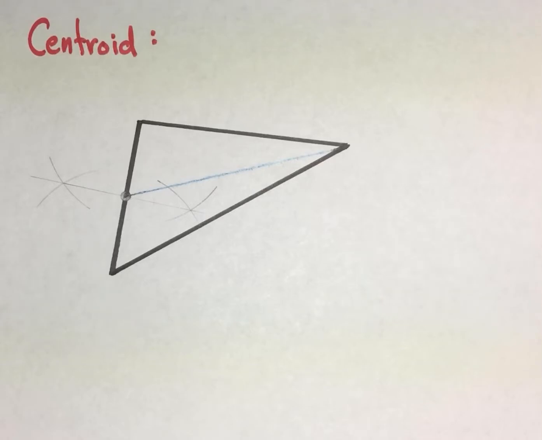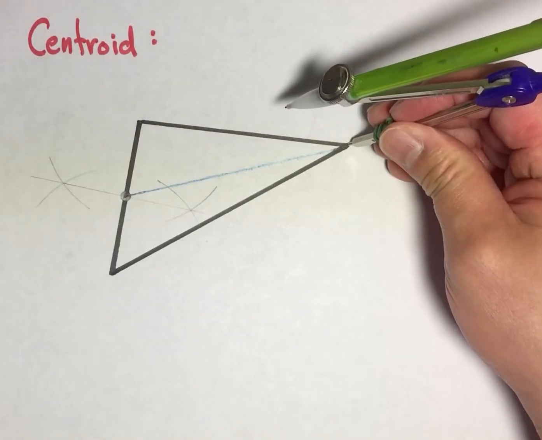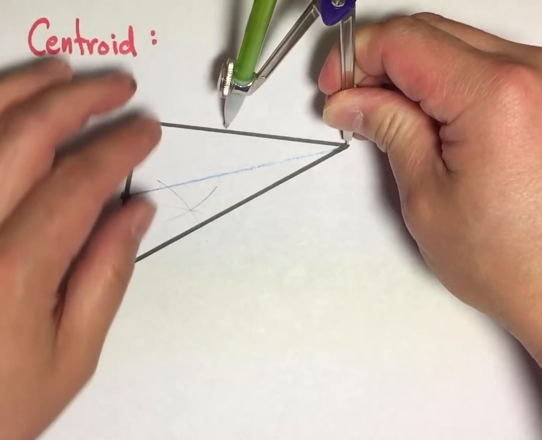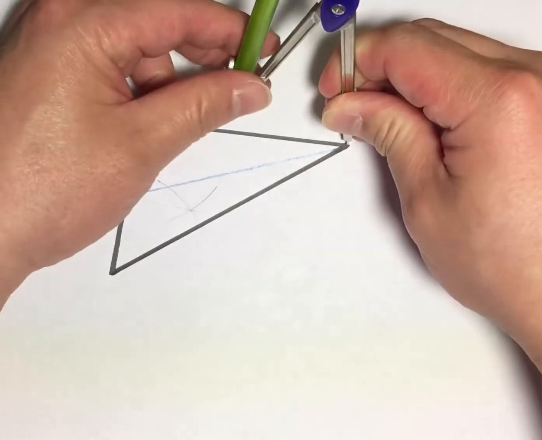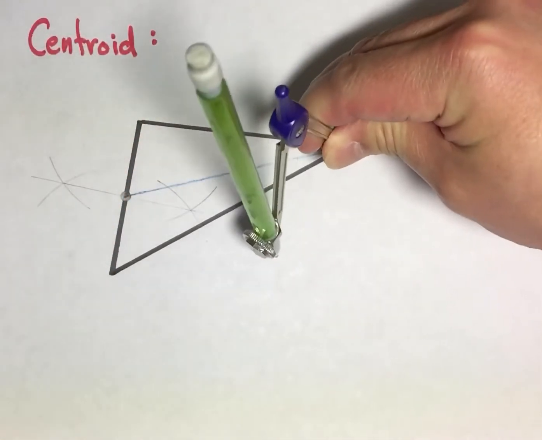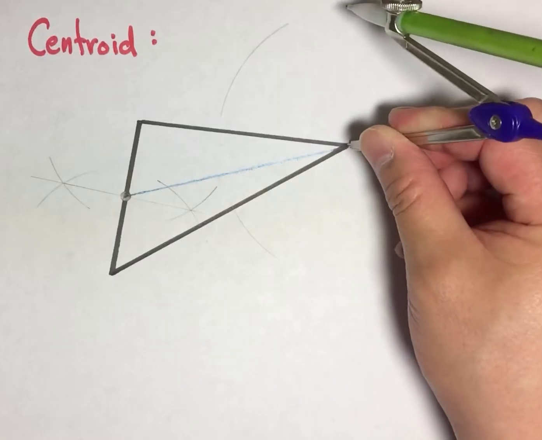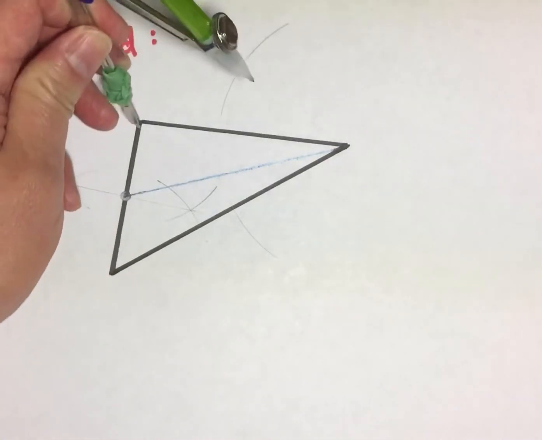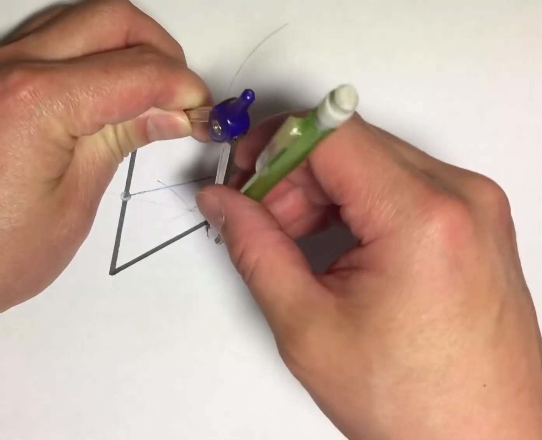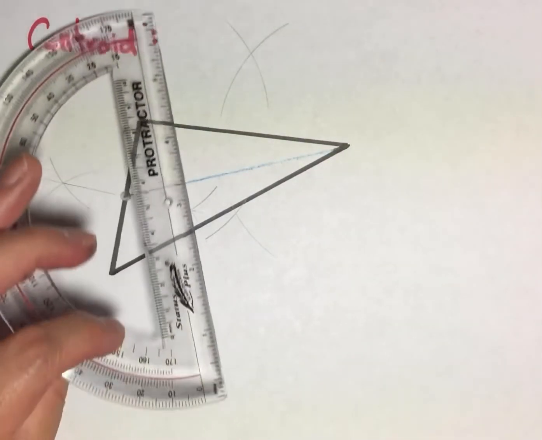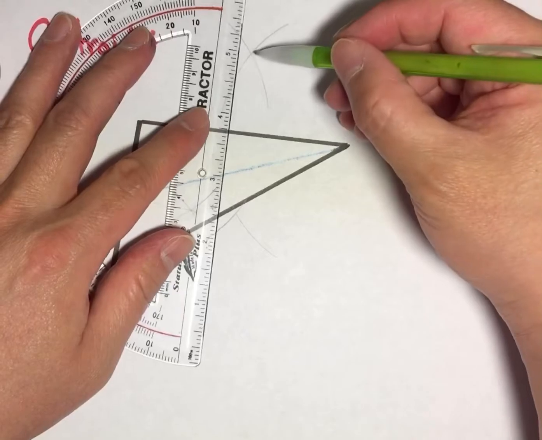Now I'm going to do another one, right at the top of our triangle here. We're only going to do two of these, because all three of them will intersect one another. So really all I have to do is two, because I know the third one will intersect at the same location. I'm going to draw that perpendicular bisector the same way that I did before. Look for the points where the arcs intersect, and we'll connect these points.